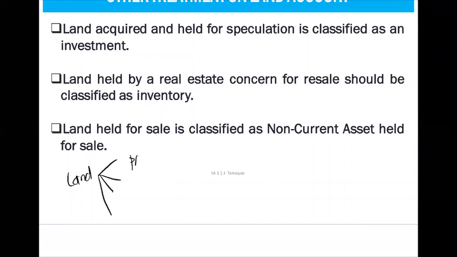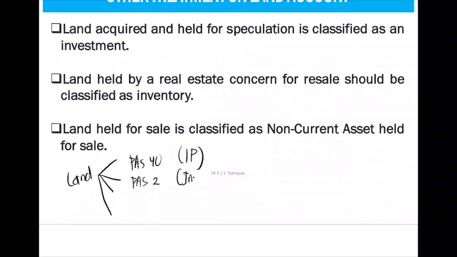A land under PAS 40, investment property. Next, a land that is held for resale under PAS 2, we say it is inventory. Next, if it is held for sale, non-current asset held for sale under PFRS 5.